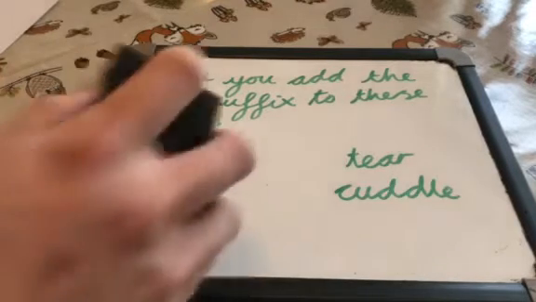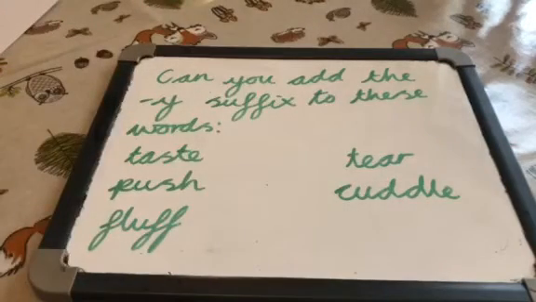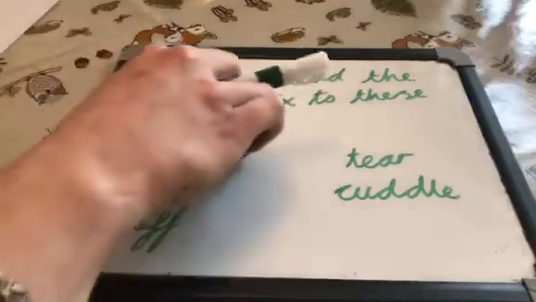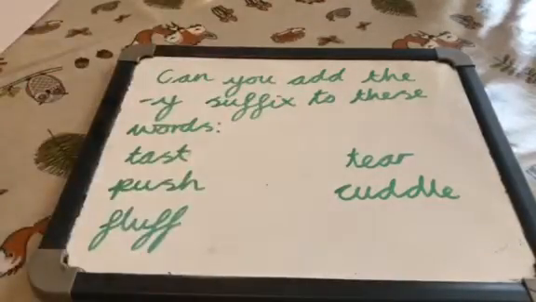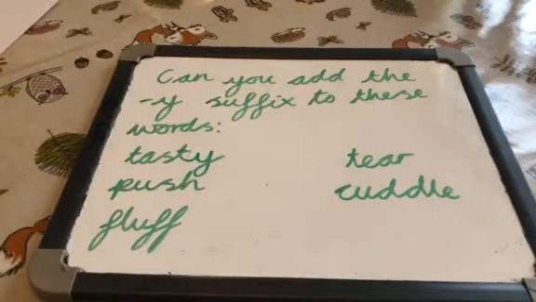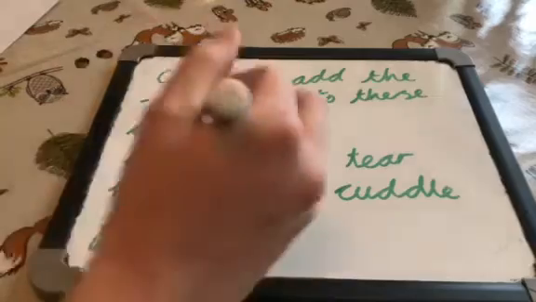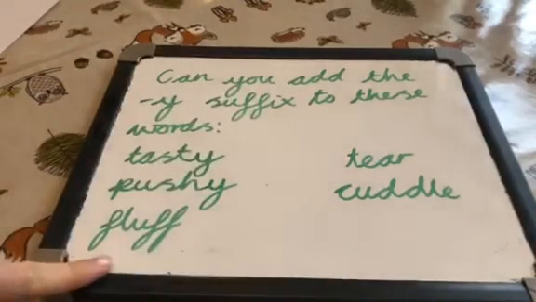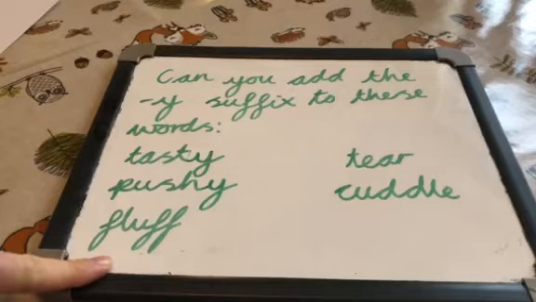Right, hopefully you've had a chance to have a go at those now. So taste, remember when our word ends with a Y, we're turning it to tasty, we take away the E and we add our Y. Push to pushy, we just add our Y. Fluff to fluffy, can you think what happens with that one?